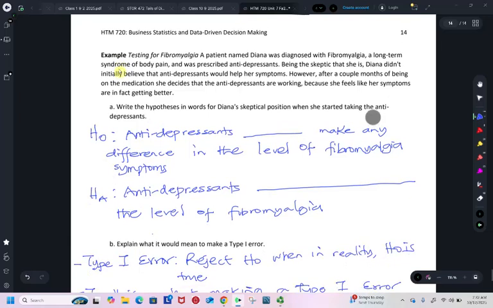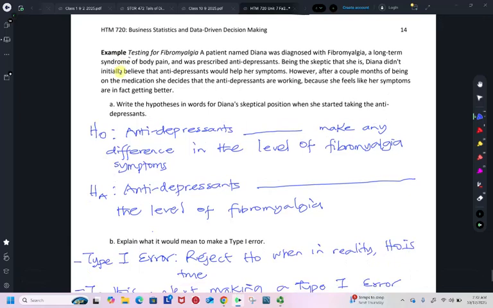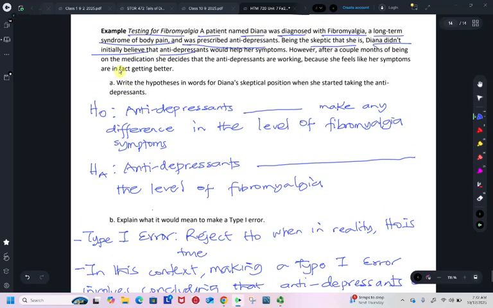Now, let's consider a scenario. Testing for fibromyalgia. A patient named Diana was diagnosed with fibromyalgia, a long-term syndrome of body pain, and was prescribed antidepressants. Being the skeptic that she is, Diana didn't initially believe that the antidepressants would help her symptoms.